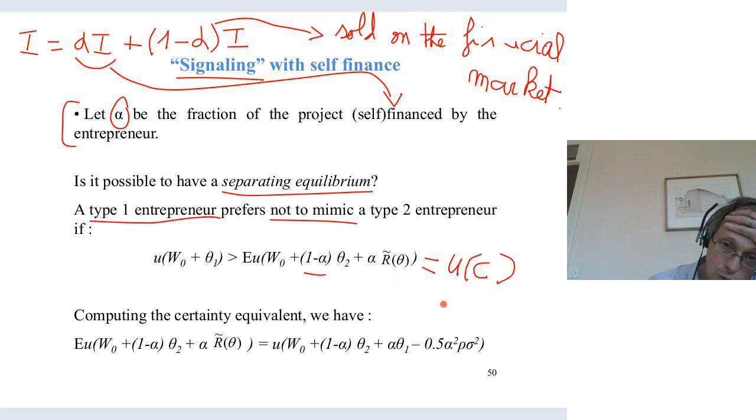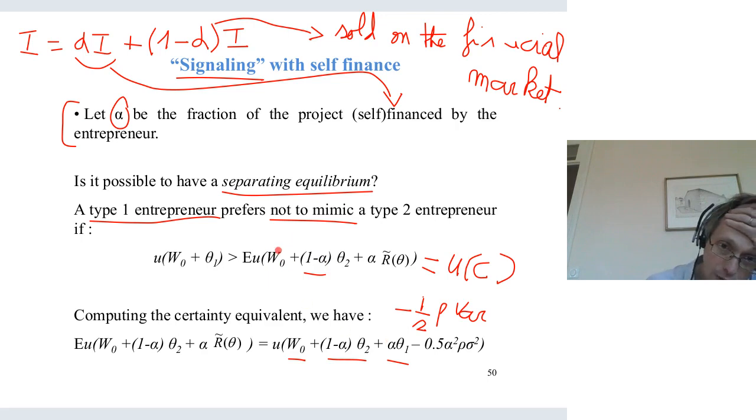So what is the certainty equivalent in such a case? Remember, first we take the expected value. The expected value is W0 plus 1 minus alpha times theta 2, and for the last term, alpha times theta 1. Minus 1 over 2 rho times the variance of this expression.